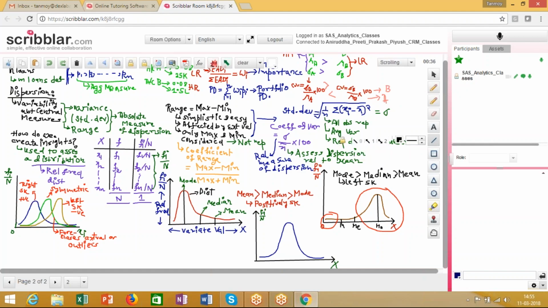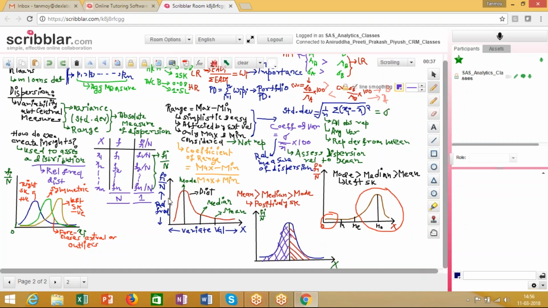The idea over here is if you split this distribution from in between, this side of the distribution and this side of the distribution will be absolutely symmetric in nature. They will be mirror images of each other, right?